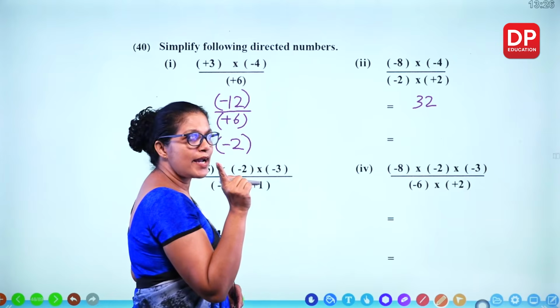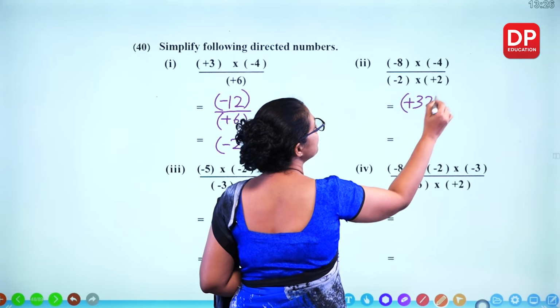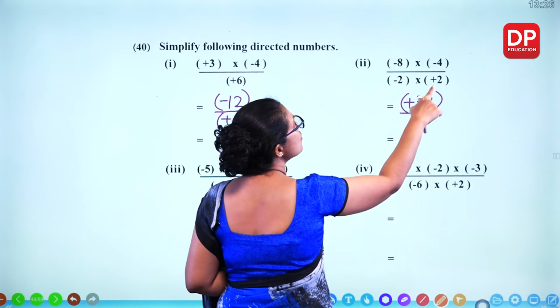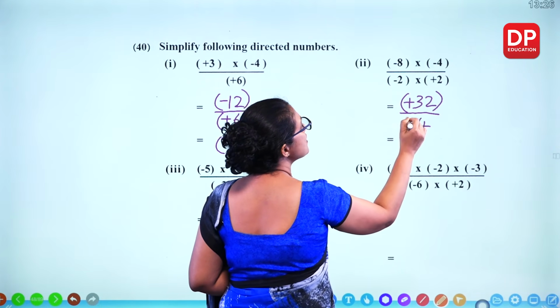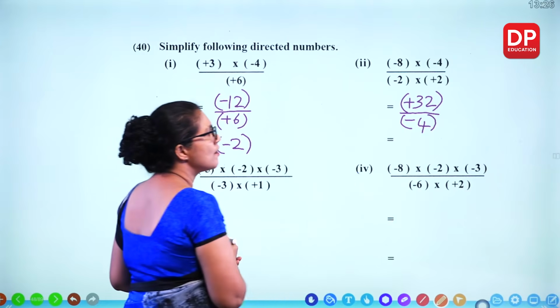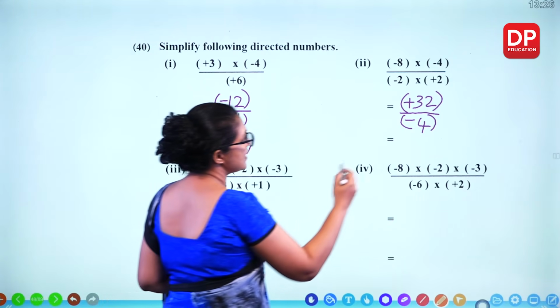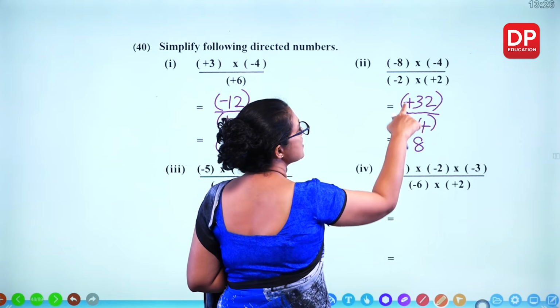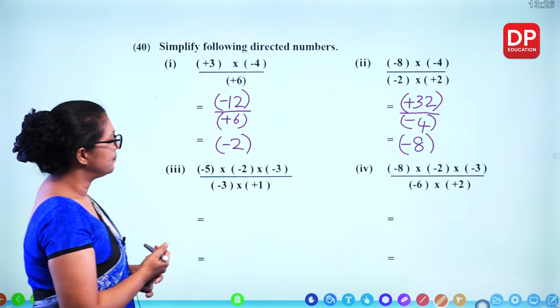Is this plus or minus? Minus minus both means this is plus. 2 times 2, 4. One minus and one positive means you get minus 4. Now division. 32 divided by 4 is 8. Plus and minus, the answer is minus.